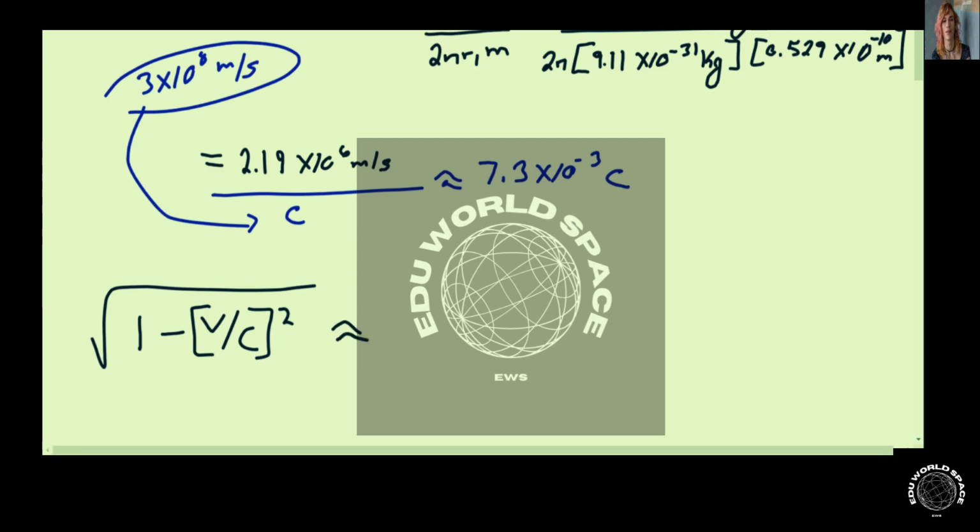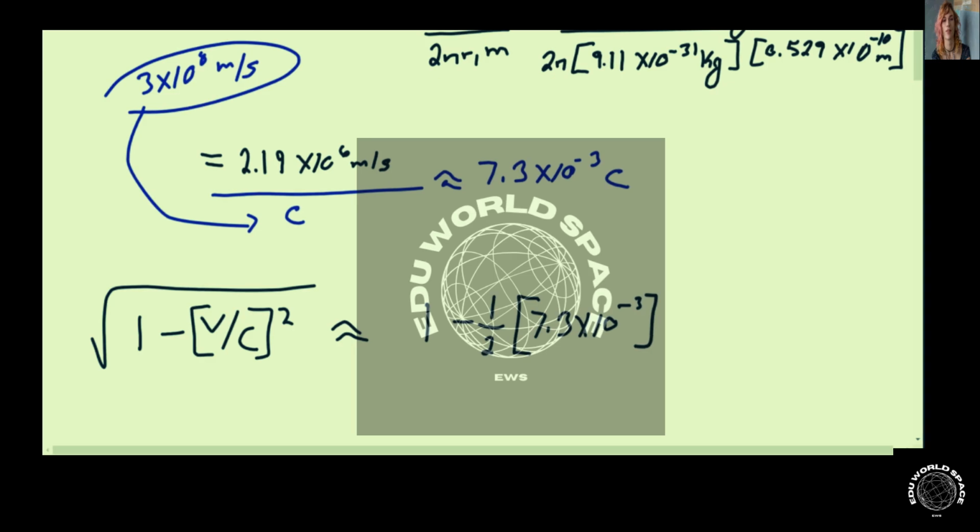So from this we already have your v over c, and it looks like we still have 1 minus v over c, squared. We have 1 for each one, because the square root of 1 is just going to be 1. So here we end up with your v over c, so 7.3 times 10 to the negative third.